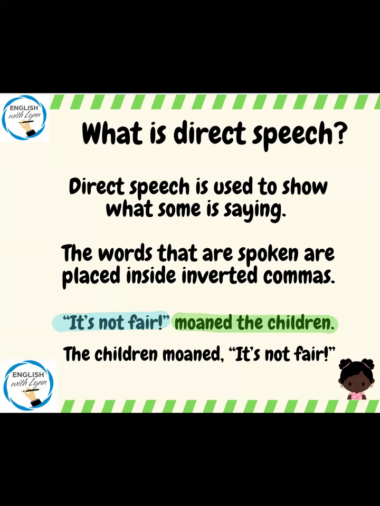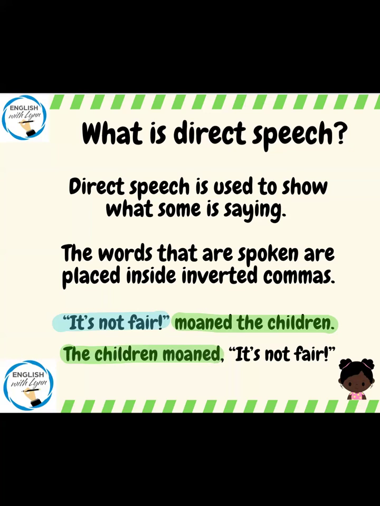Everything that is being spoken is inside those inverted commas. And with direct speech, you can have the reporting clause, moaned the children, either at the end of the sentence or, like in the second example, it can go at the beginning of the sentence.